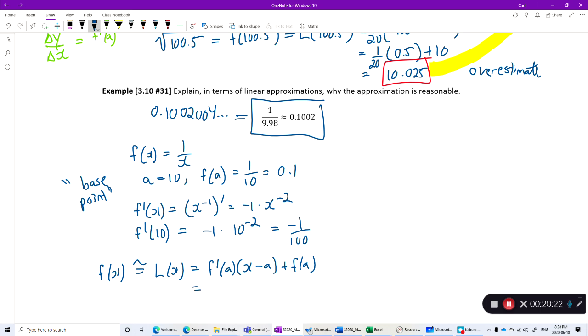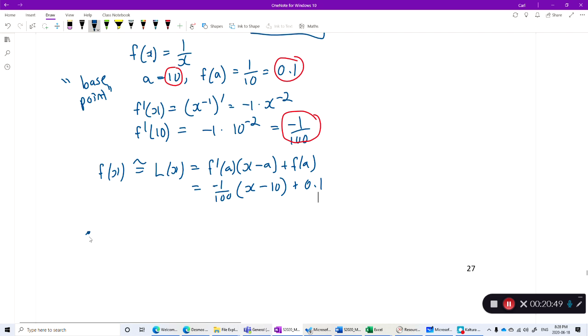Okay, so we're ready to put these things in, right? We know there's the slope, and here are the x and y values. So it's negative, oops, the slope is negative 1 over 100, times x minus the starting point, plus the starting point y value.